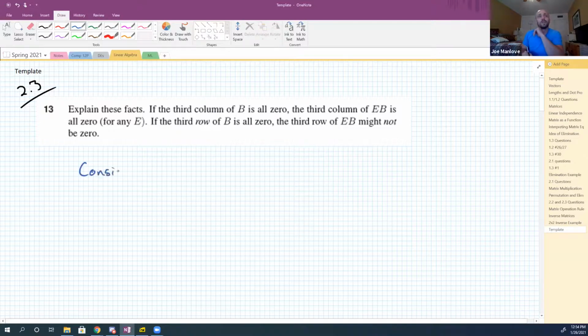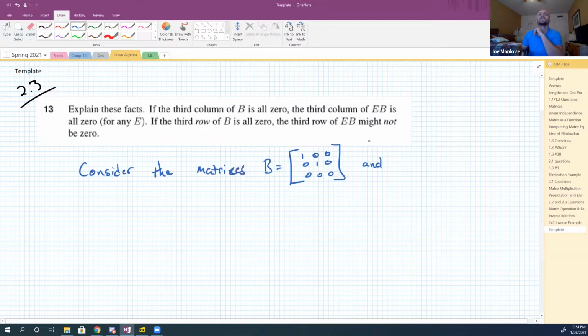consider the matrix B is 1, 0, 0, 0, 1, 0, 0, 0, 0. And I guess I need to define the matrices. B is this, and E is my elimination matrix that I constructed.